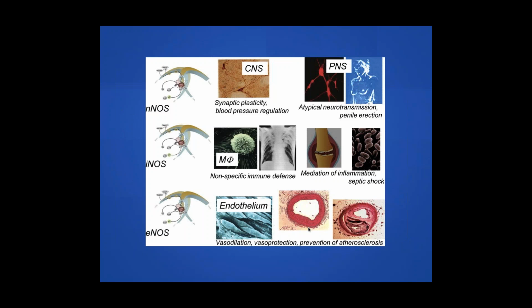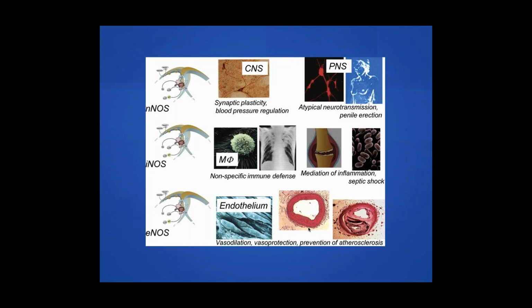So again, here's the breakdown of the 3 different kinds of nitric oxide. The neuronal is involved in synaptic plasticity, blood pressure regulation, atypical neurotransmission, and penile erection. So that's the one that we think of, when we take Viagra, it increases nitric oxide, it increases erection in men. The inducible nitric oxide is involved in nonspecific immune defense.